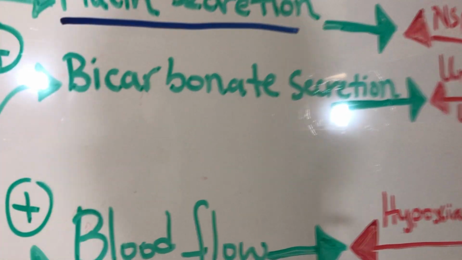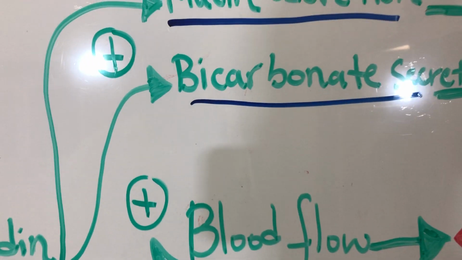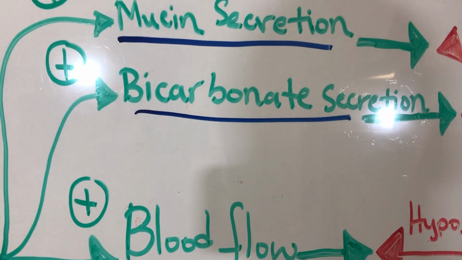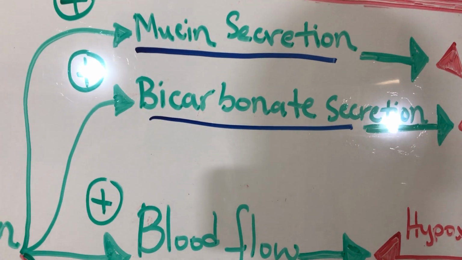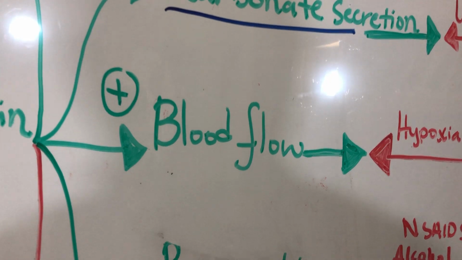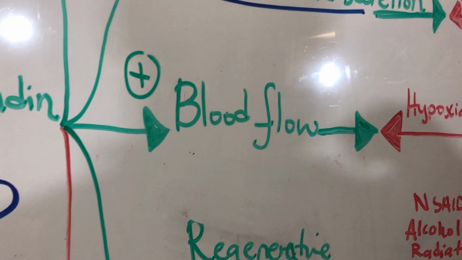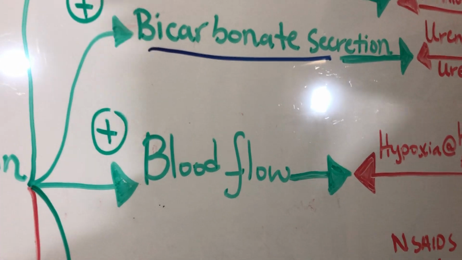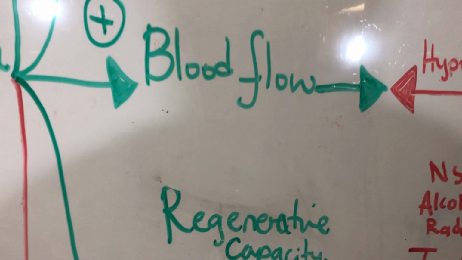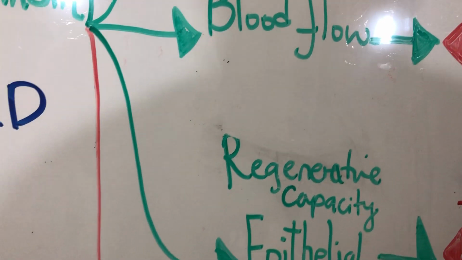And prostaglandins also promote bicarbonate secretion. So there will be a defect in these ions and inactivity. And there would also be a decrease in blood flow to those cells that participate in the mucus secretion process in our stomach.